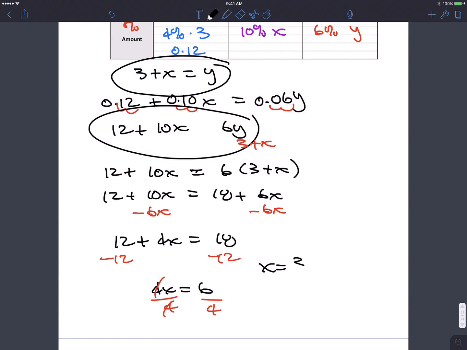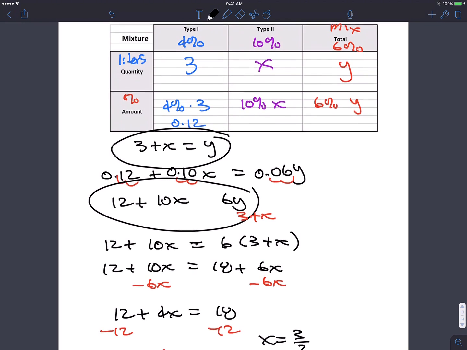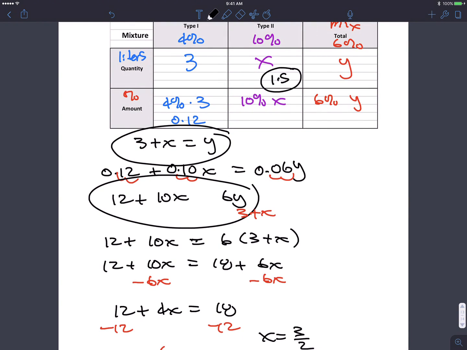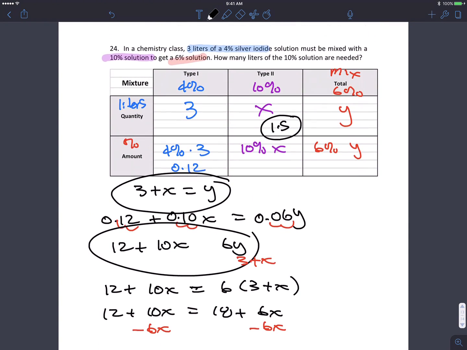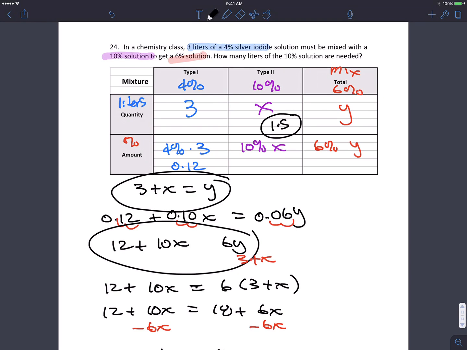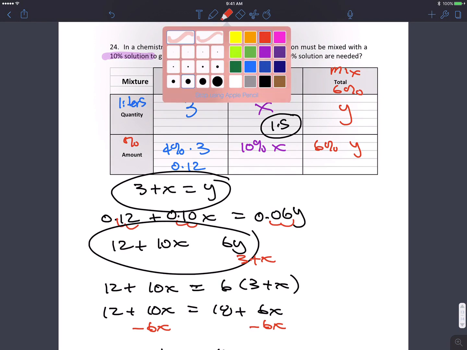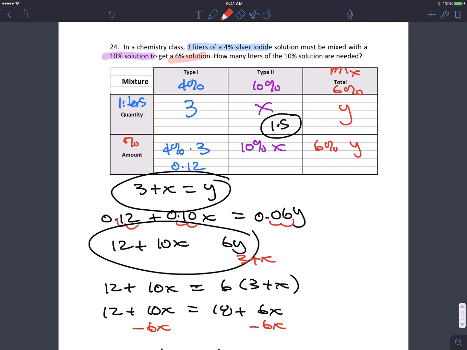And x will be 3/2 or 1.5 liters. So my value here is actually 1.5 liters, and it looks like that's what they're asking. How many liters of 10% solution? Right here, 1.5 liters of 10% solution. And we are done with these mixture questions.